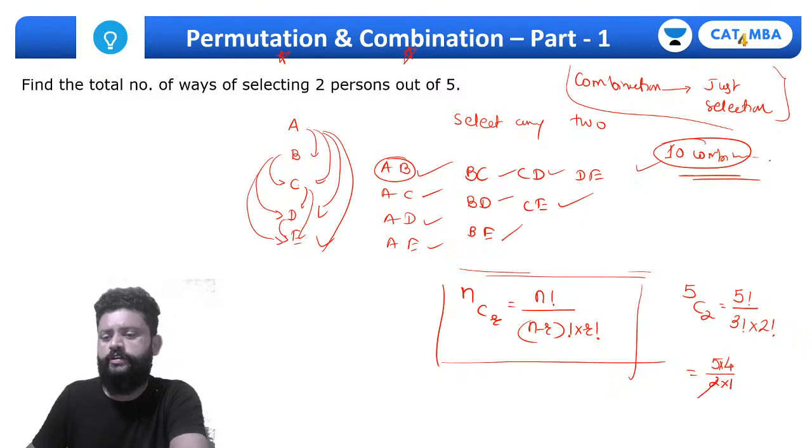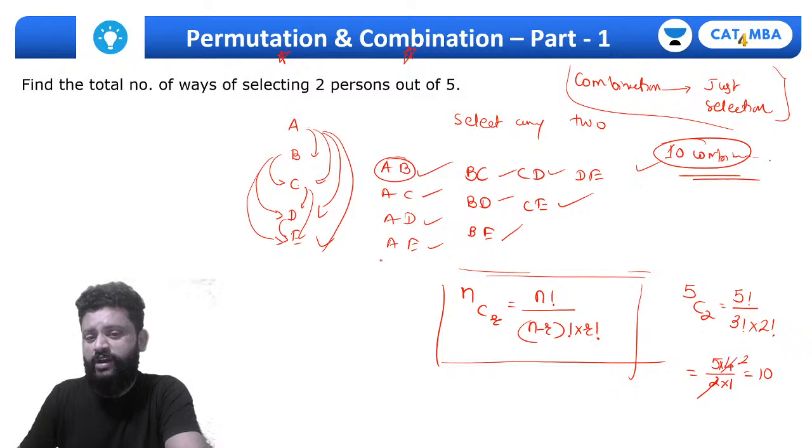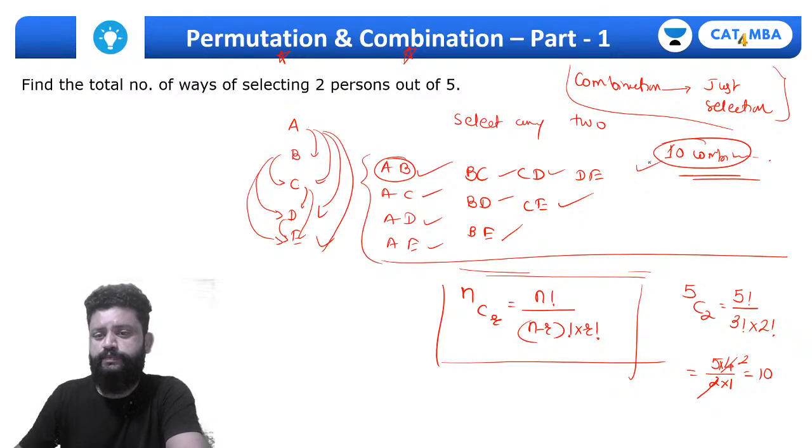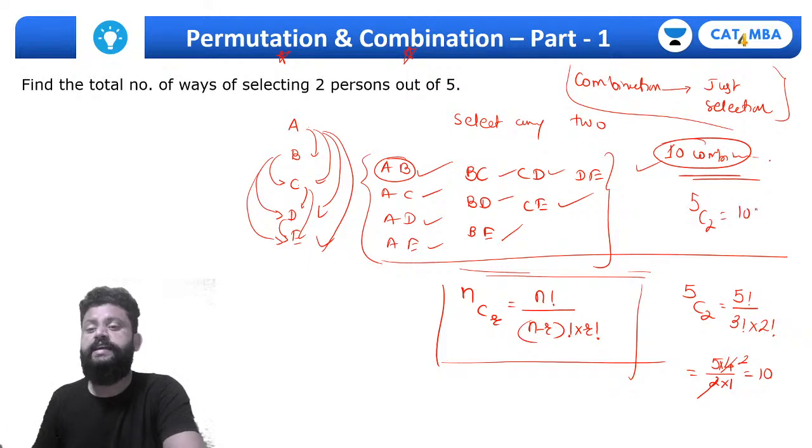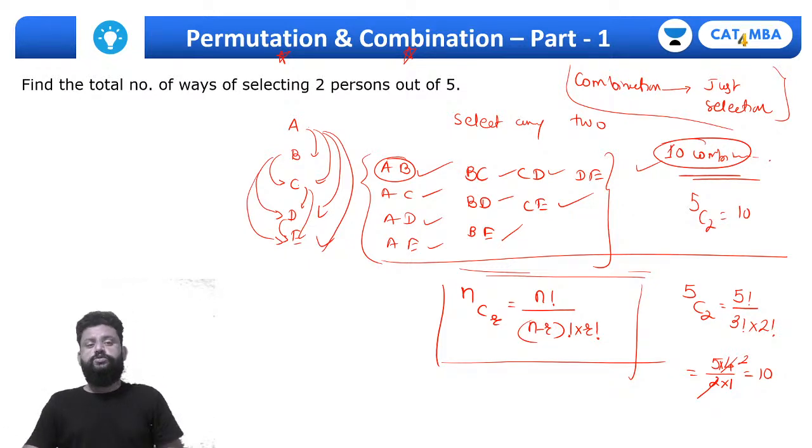That's the calculation shortcut you can have. So 5C2 gives the answer 10. So rather than writing all these possibilities, we can simply do 5C2 and get the answer as 10. So there are 10 ways to do it.